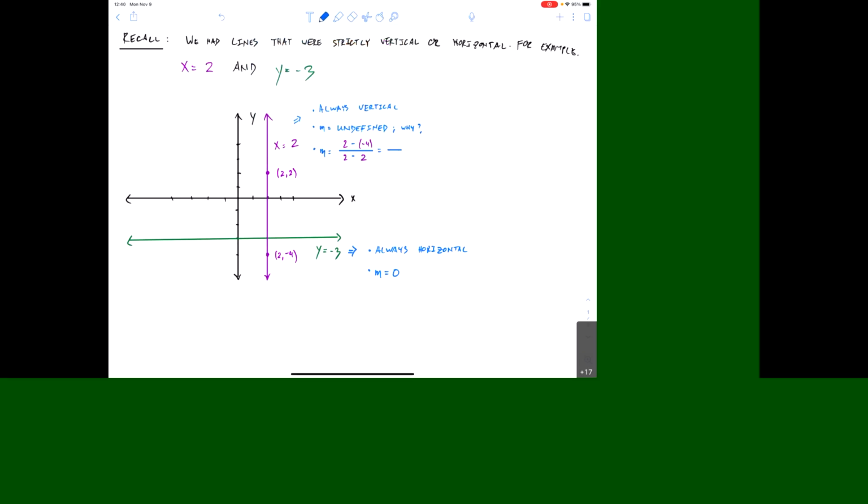That's 0, right? Hopefully you notice that immediately. Well, what happens when we have a 0 in the denominator? Doesn't matter what happens up here, right? This implies an undefined fraction. Well, if we have an undefined fraction, that means we have an undefined slope. So that's the vertical line right there. Okay.